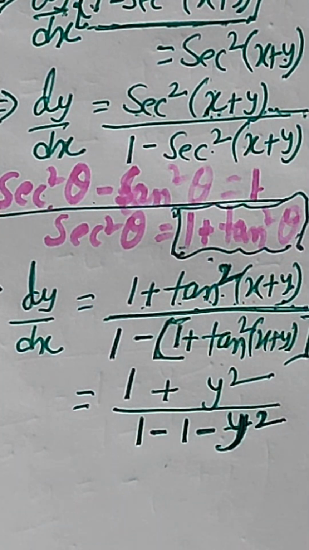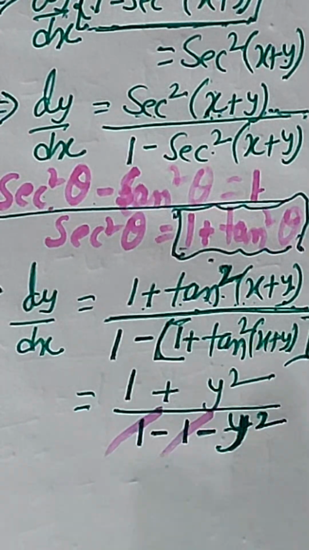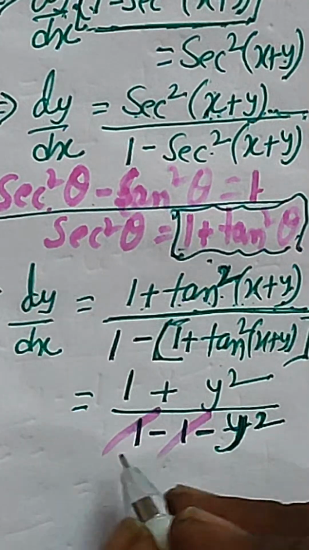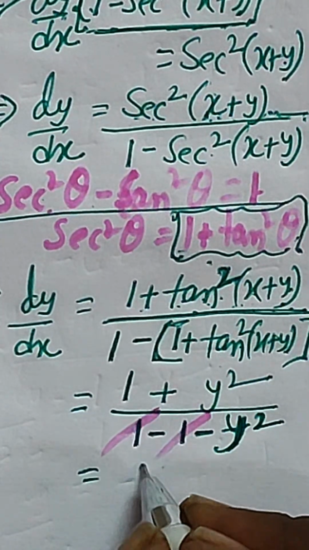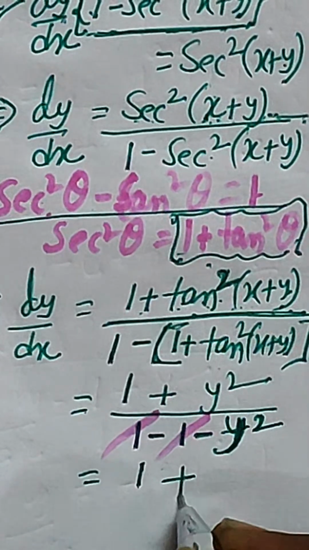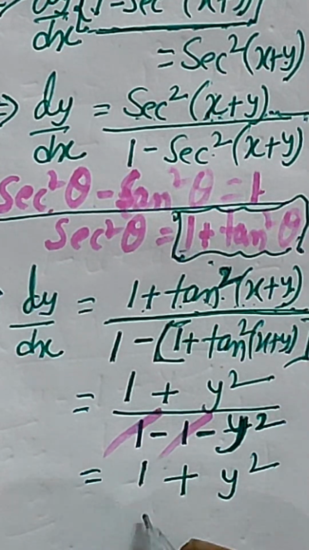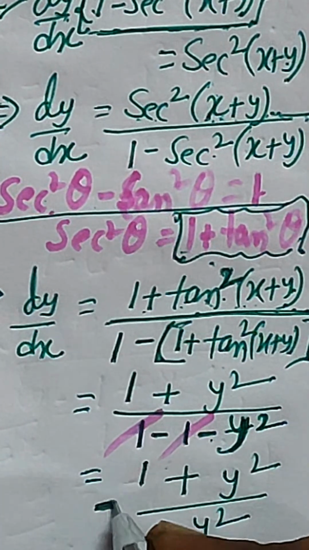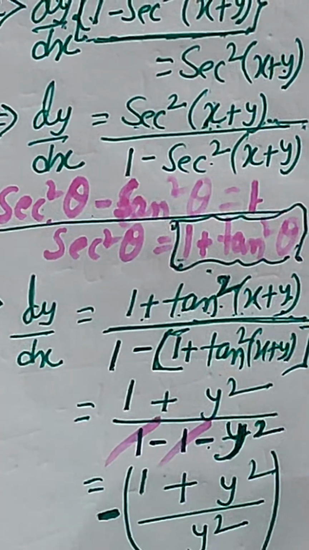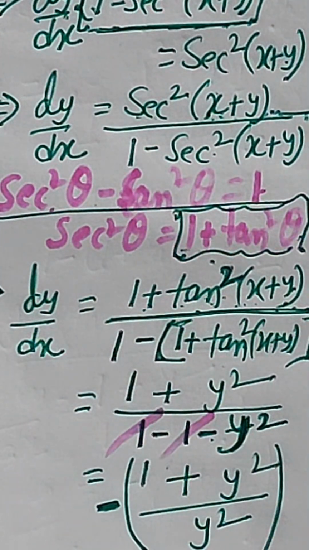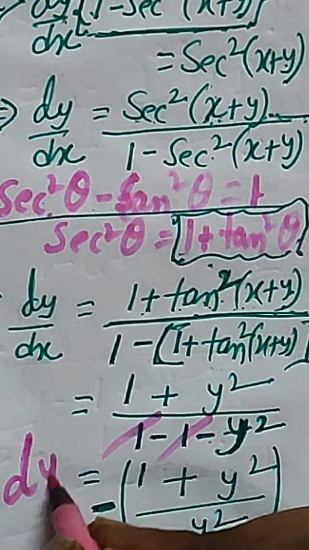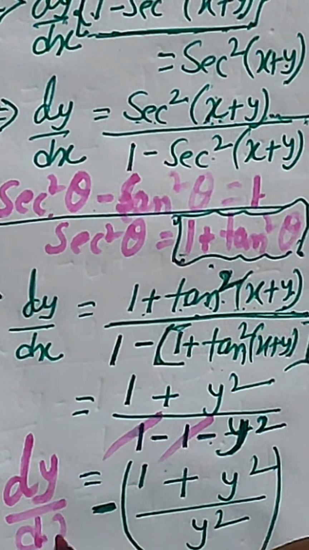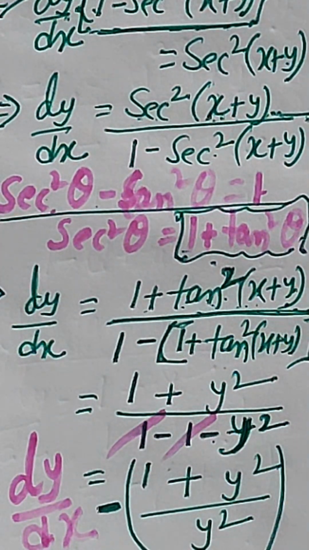So here you can see this 1 and 1 will be cancelled out, and we have 1 plus y square divided by y square, and this minus will be remaining here, and this will be the value of dy by dx.